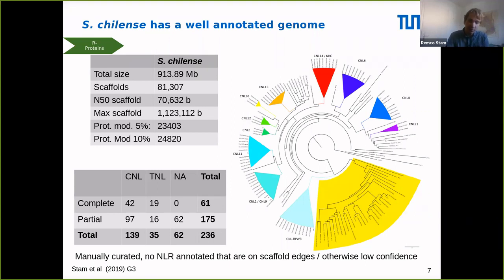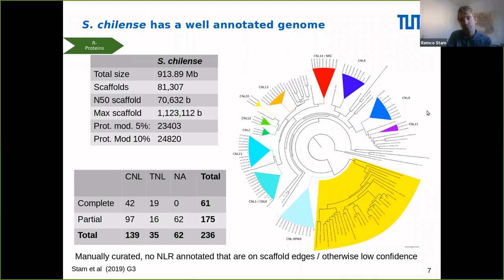And we also managed to have a good NLR annotation, and this is of course important if we want to study evolution of resistance genes, these NLR genes. So we found about 230 NLRs, and all the clades that have been annotated in other solanaceous species are actually there. So we find this TNL clade, we find the RPW8 clade, we find the NRCs, which are the so-called helper NLRs that dimerize with the guys on this side of the phylogenetic tree in order to make these guys function.